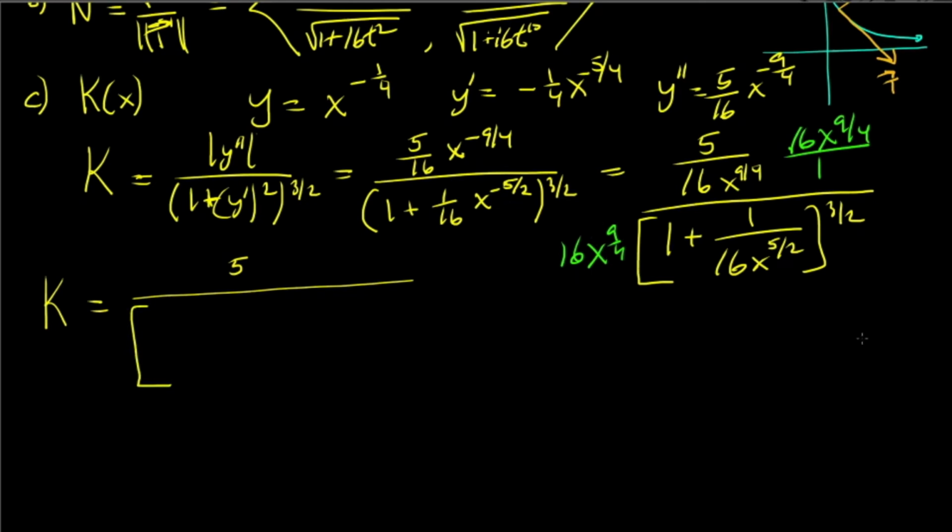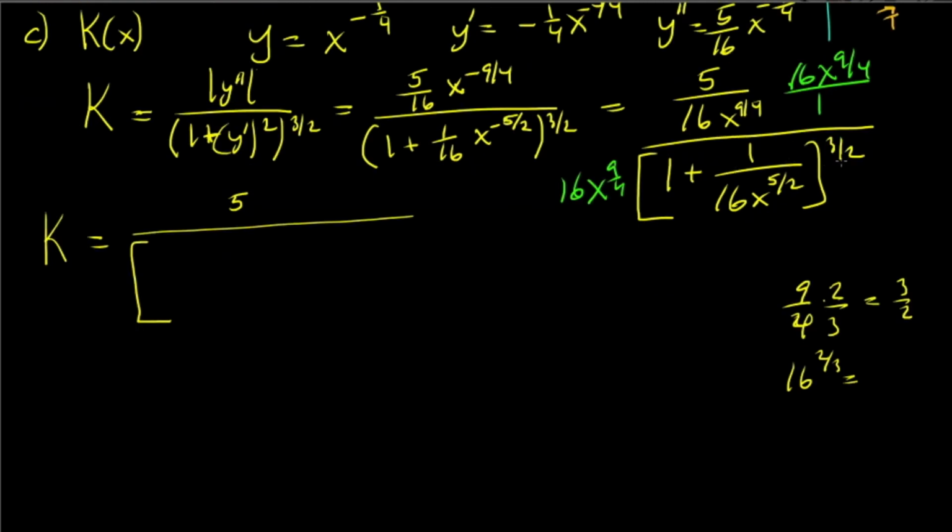So 9 over 4 times 2/3 is just going to be 3 over 2, so that helps. And then 16 to the 2/3. Well, let's see, the cube root of 16. I don't know why I'm doing this. This is fine, but I just don't know if it's necessary here to bring this inside.